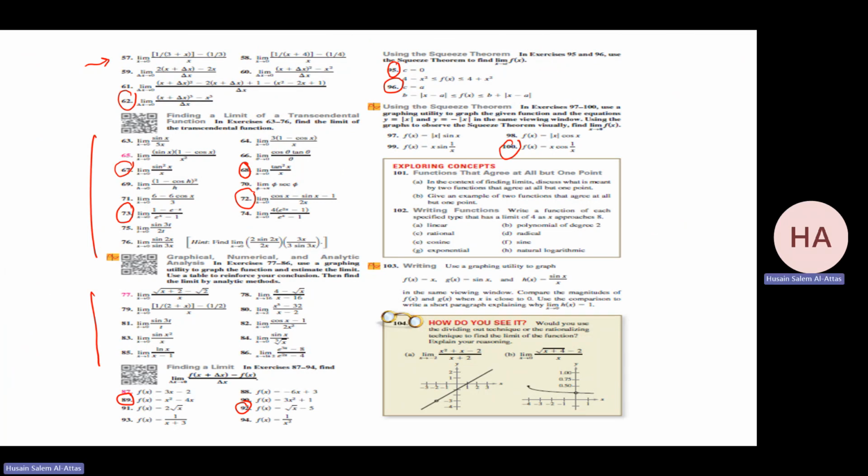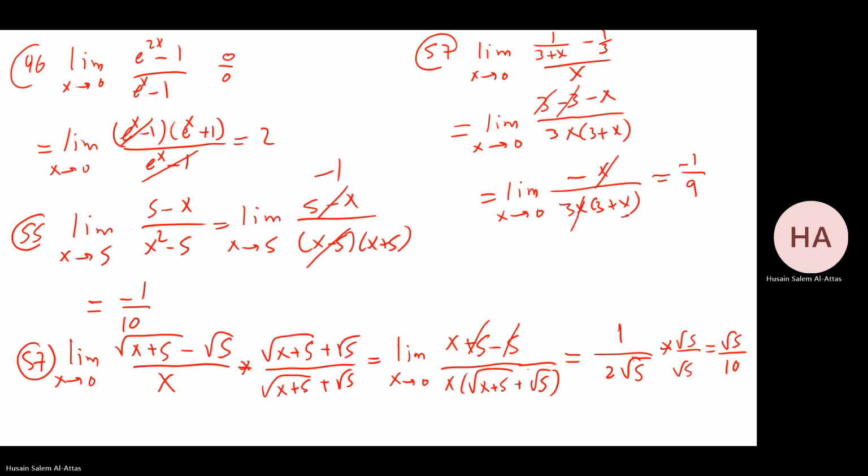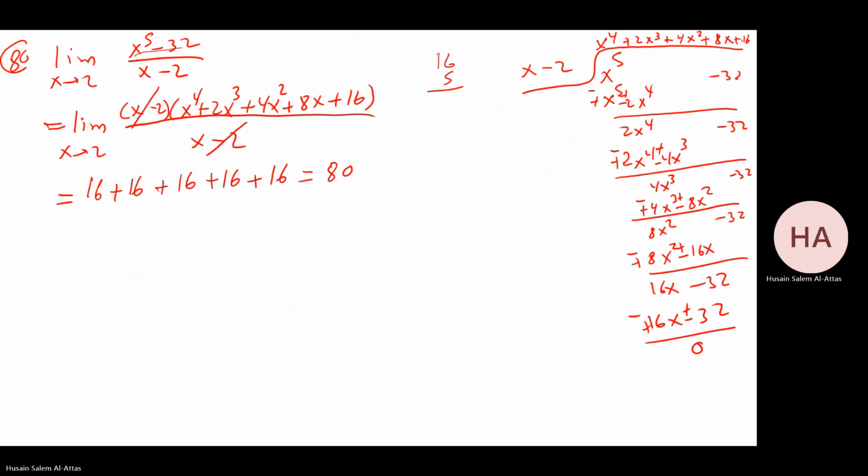Then I will do 82. By the way, 85 and 86, I did in the old exams. Now we'll do 82 and 83. Number 82: limit as x goes to 0 of (1 minus cosine x) over 2x squared.